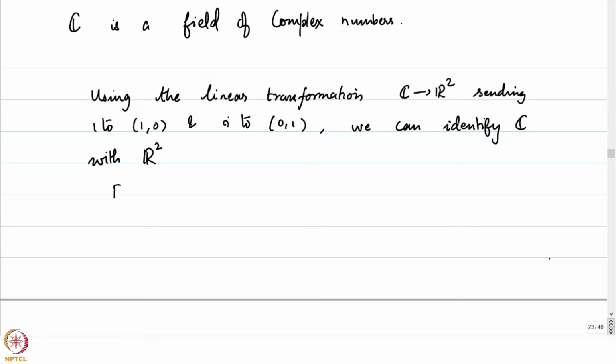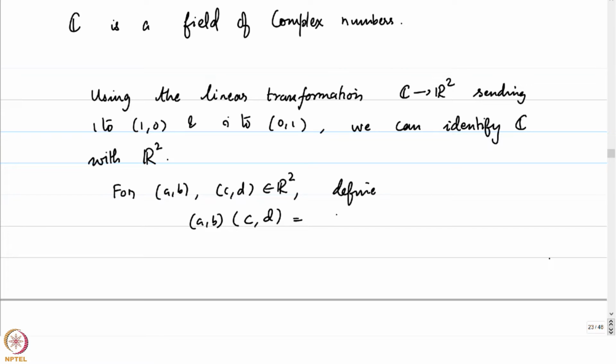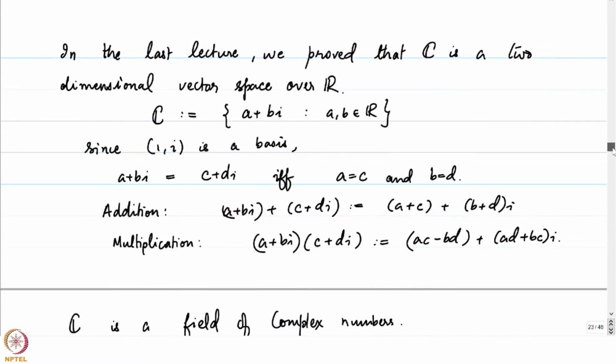So for (a,b) and (c,d) in R2, define (a,b) times (c,d) to be equal to (ac minus bd, ad plus bc).